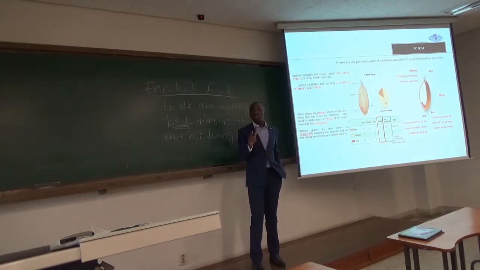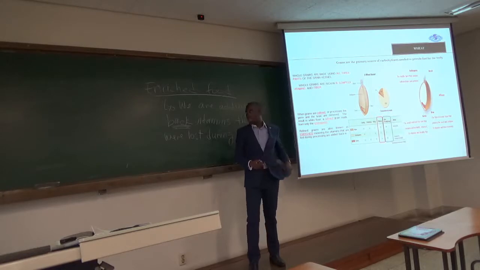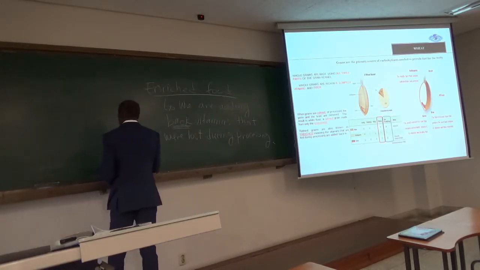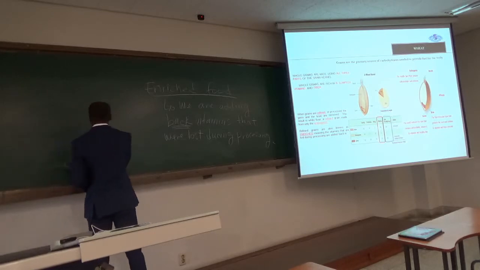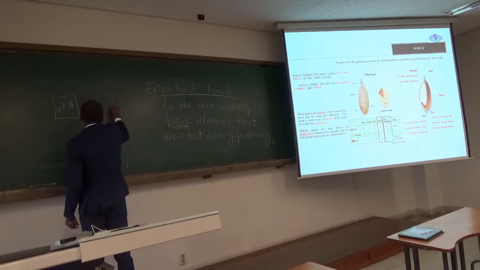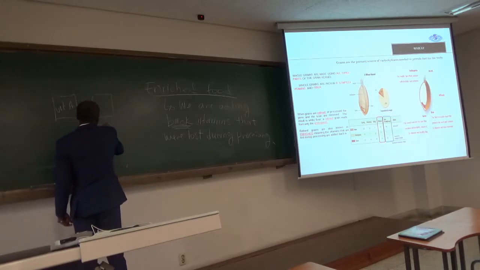So in enriched food, the nutrients that were lost during processing, we are adding back. If you want to put it in a simple illustration, you can put it this way. Here I have vitamin A, and then the food is processed.